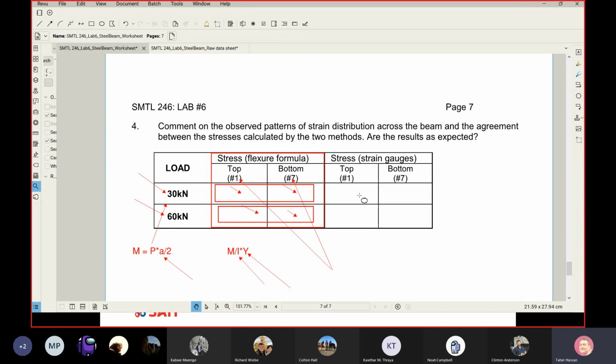How about this part? I'm pretty sure that some of you will say it, we want to find the stress, but not from the Fletcher formula, but from the strain gauge measurement. Can anybody tell me how we can estimate those four numbers?